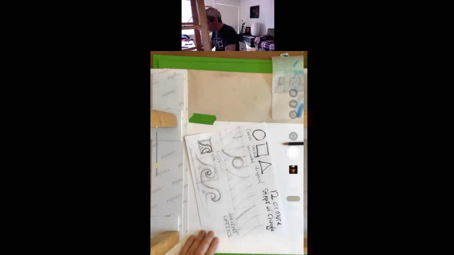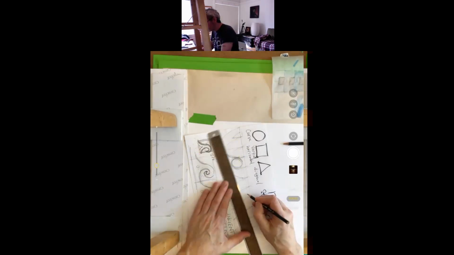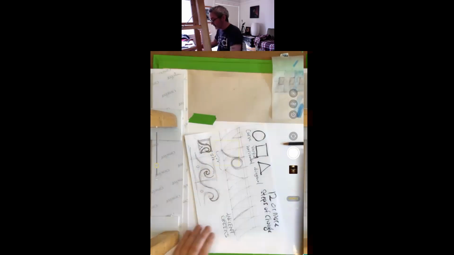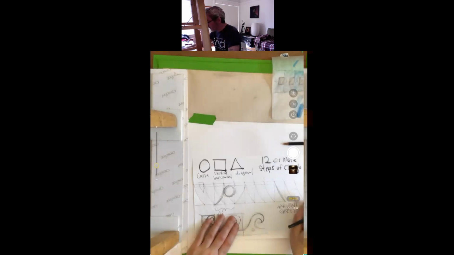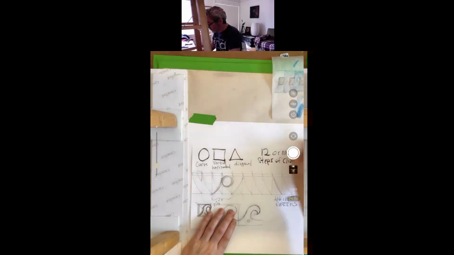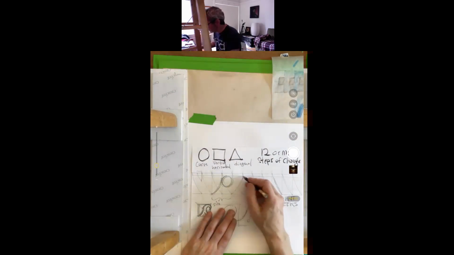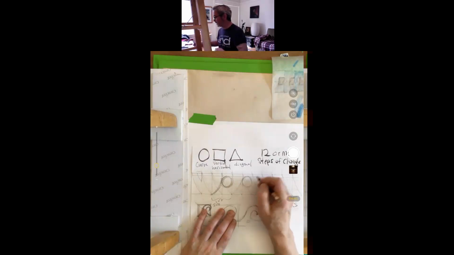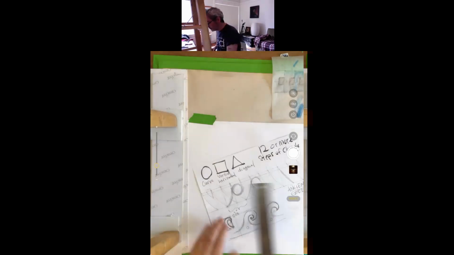Oh, that's not even quite straight. This mark right here is probably not quite in the right spot. That's close enough, I think. It just helps to put a few marks down to keep it under control.